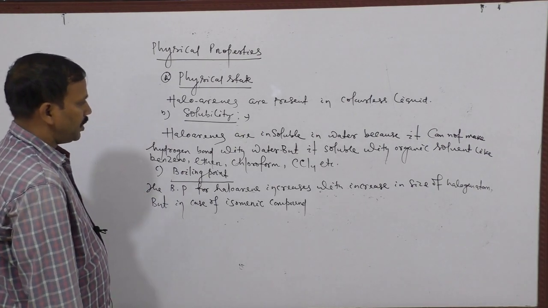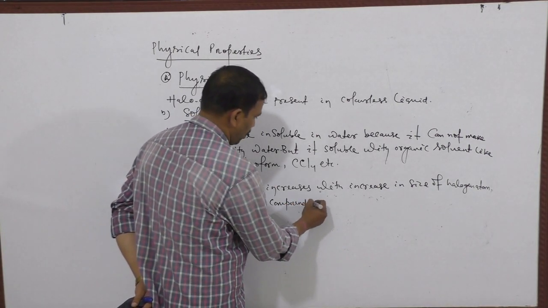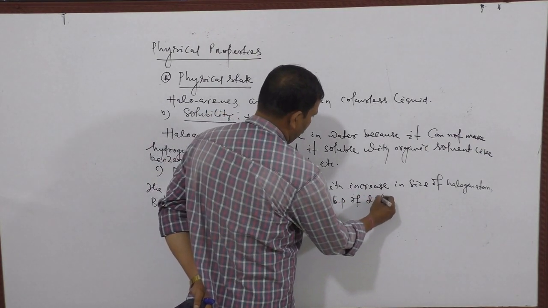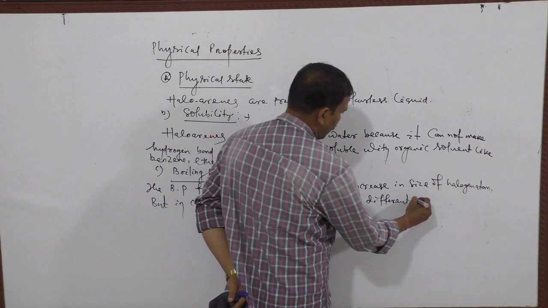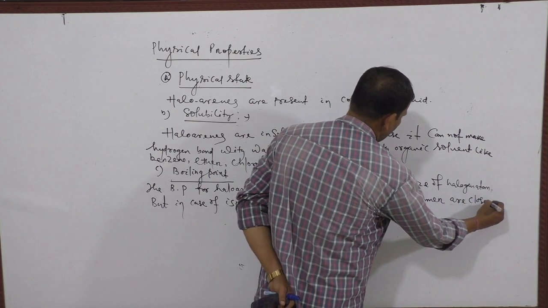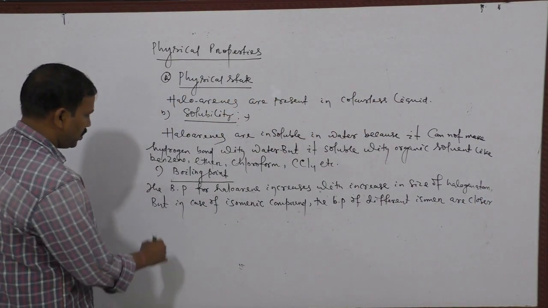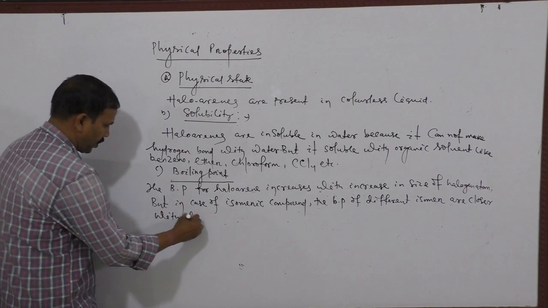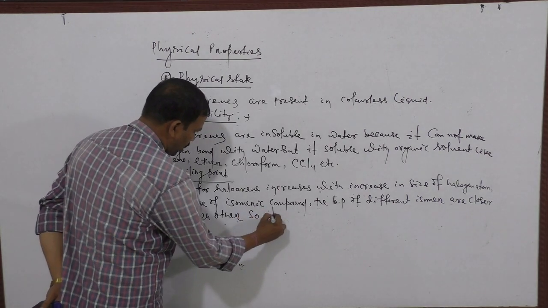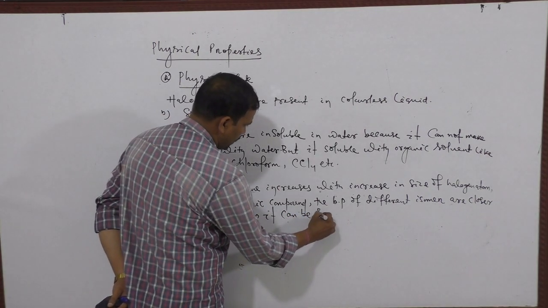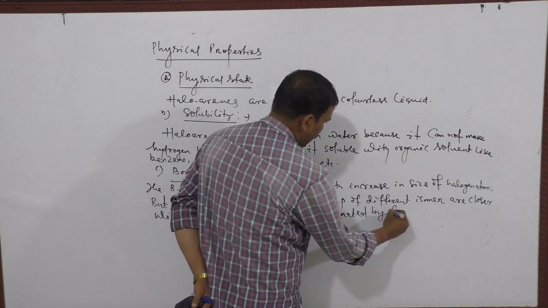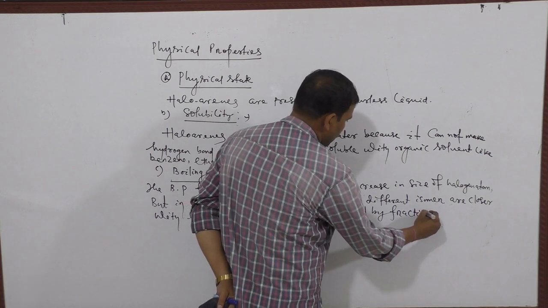In case of isomeric compound, the boiling point of different isomers are closer with each other. So it cannot be separated by fractional distillation method.